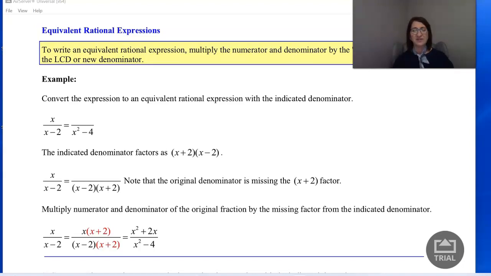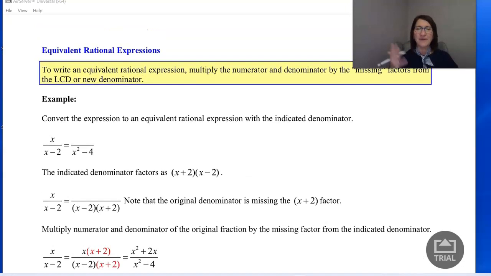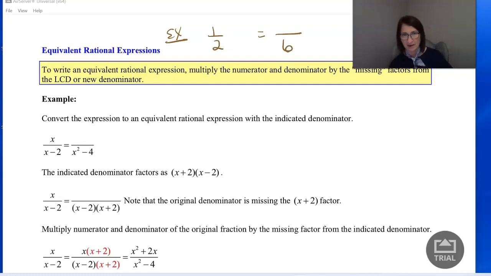What that is like is, remember with fractions, if I had a plain old example here, a fraction that was 1/2, and I wanted to create an equivalent fraction that had a 6 in the denominator, what I would need to do is figure out what I need to multiply that 2 by in order to get to 6.